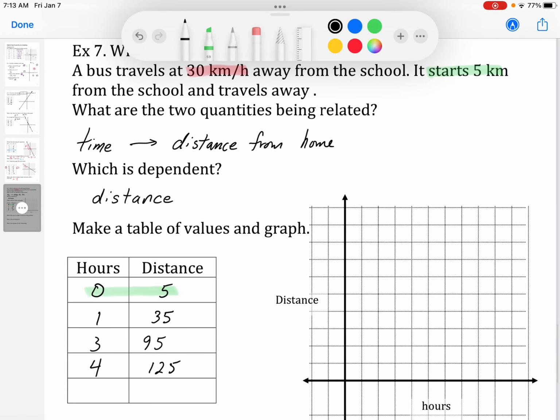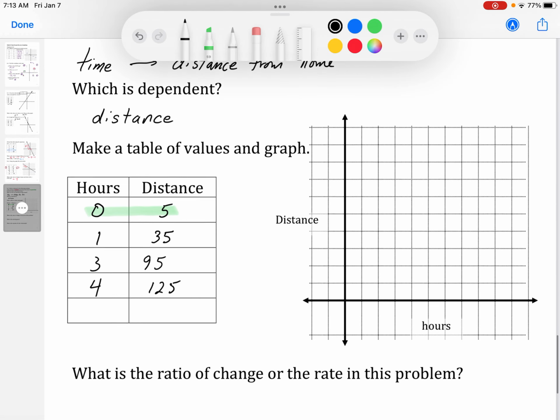So I can then show this on my graph. Okay, on my graph, I'm going to just say that's going to be 1, 2, 3, 4. There's my 4 hours. And the distance scale, since we're talking about less than 200, I'm going to go up by maybe, let's see here, let's say that's going to be 50, 100, 150, like that.